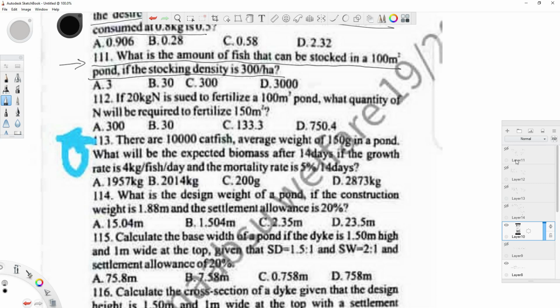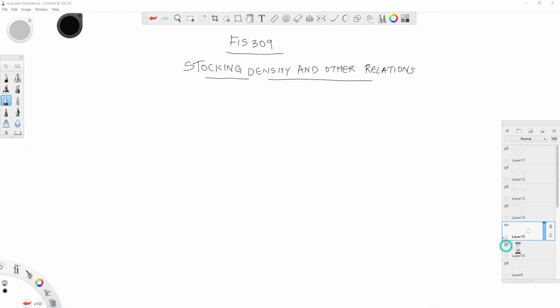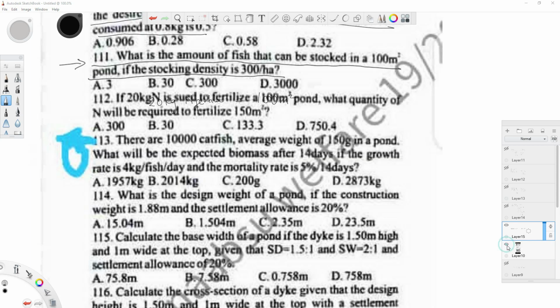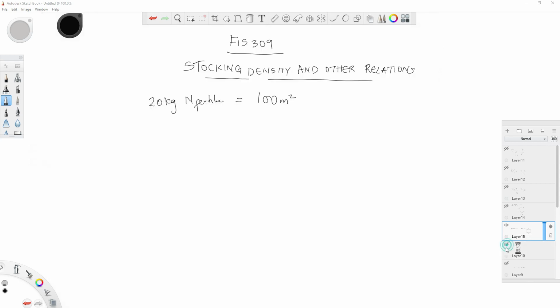I believe this one is straightforward, isn't it? 20 kg N fertilizer is used to fertilize 100 square meter pond, isn't it? Now what quantity will be used to fertilize 150? So I believe this one is straightforward. Just cross multiply and the answer is there.